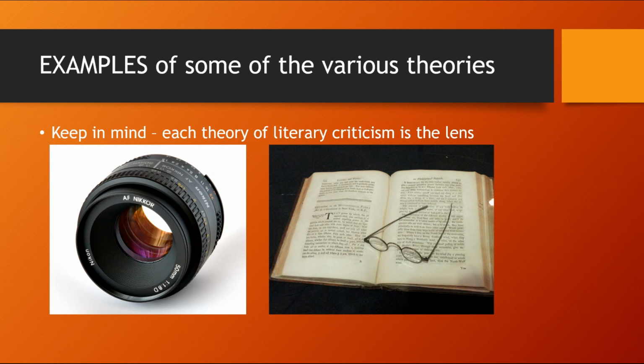We're calling these lenses. And depending on which lens we put on to view the story, we're going to have different interpretations of it. Literary criticism is a whole bunch of lenses, a whole bunch of theories that we use to look at the story, and depending on which lens, we're going to see different things.